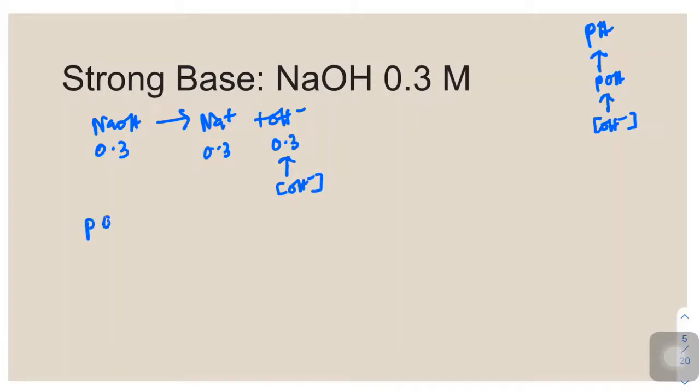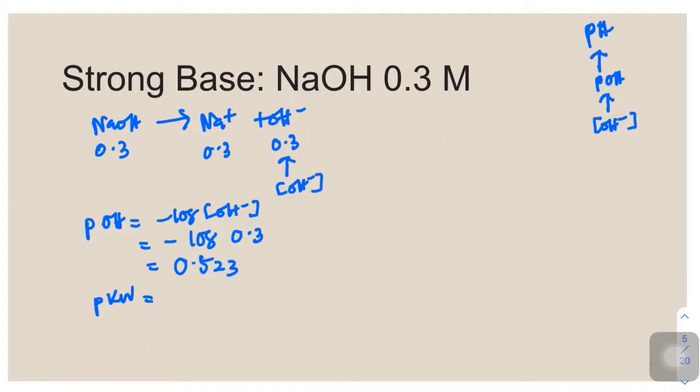We can now calculate the pOH, which is equal to negative log of the concentration of the hydroxide ion, equal to negative log 0.3. Pressing the calculator, we get the answer 0.523. Then we know that pKw is equal to pH plus pOH, and pKw is actually equal to 14.